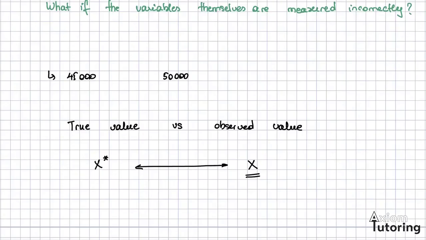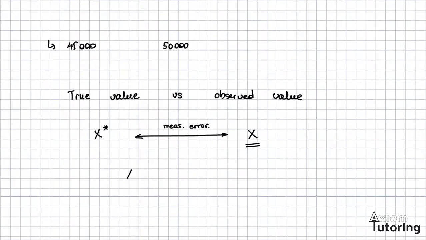So the gap between X and X star is the measurement error that we're making. We'll formalize this shortly: X will be equal to the true value X star plus some error term, which is your measurement error. But for now, just hold the picture: true value, and the noisy observation.